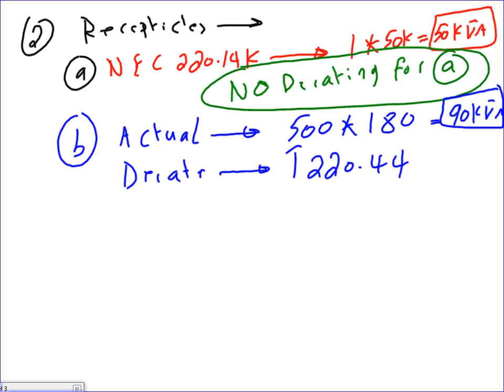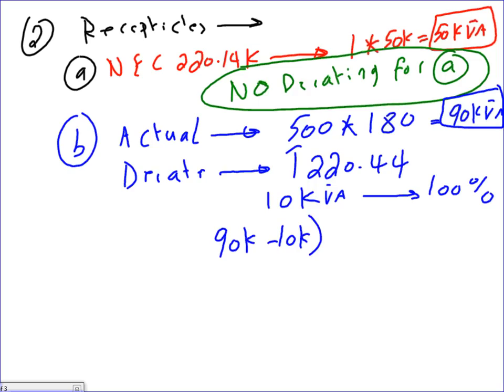This is how 220.44 says it, guys: the first 10 kVA at 100%. Anything larger than 10 kVA, and we have larger than 10 kVA, so you take the 90K minus 10K and multiply this by 0.5, and that will give you the 50%.